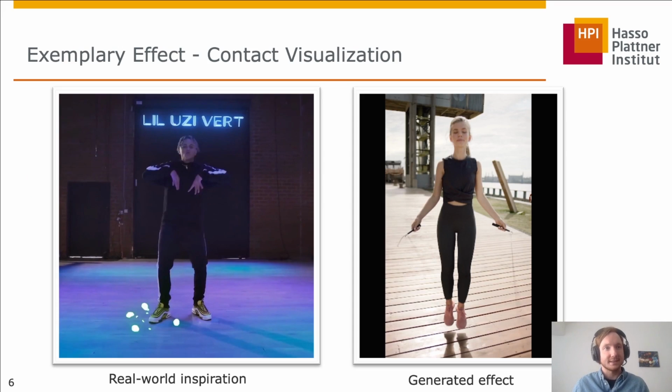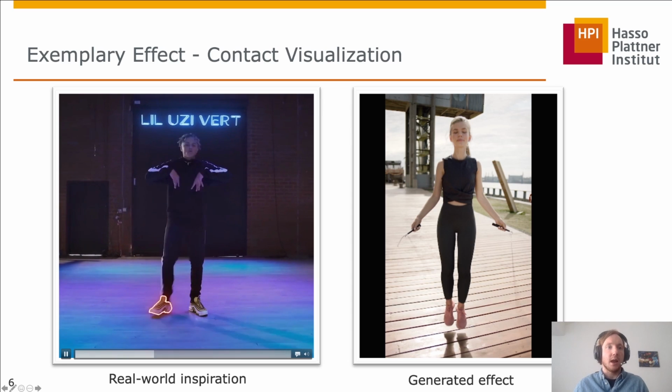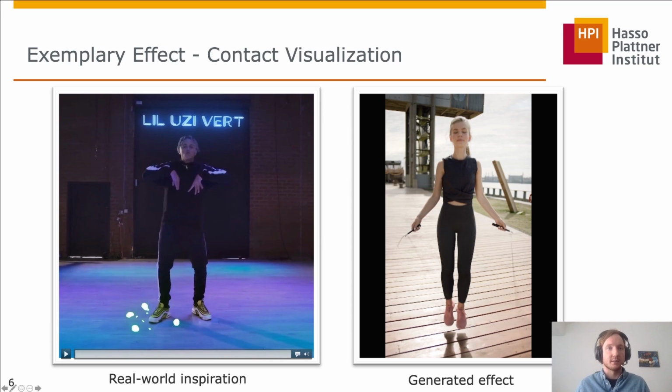We will discuss the practical aspects of the seminar on the basis of an exceptional student project to visualize contexts of a human with its environment. Here we gave the student a real-world inspirational example where an artist actually manually annotated such an effect.